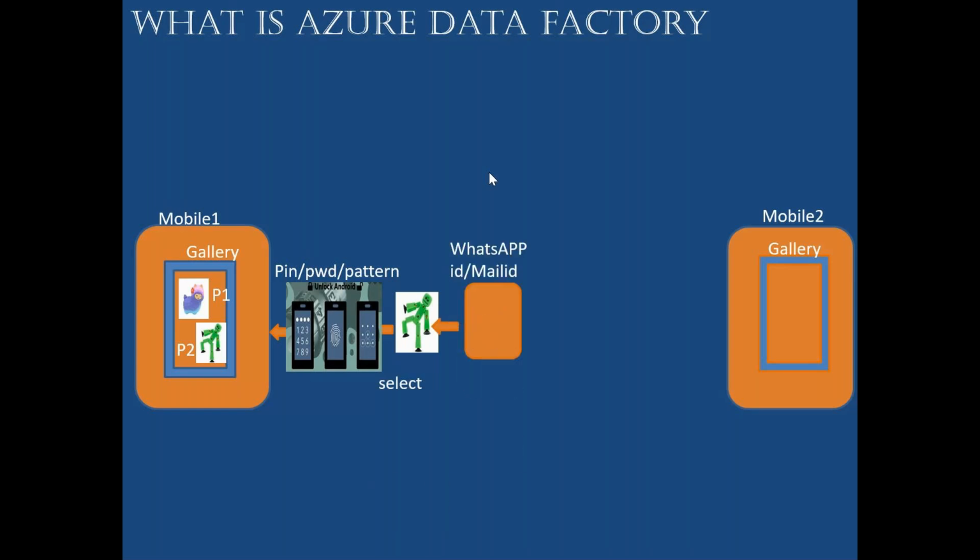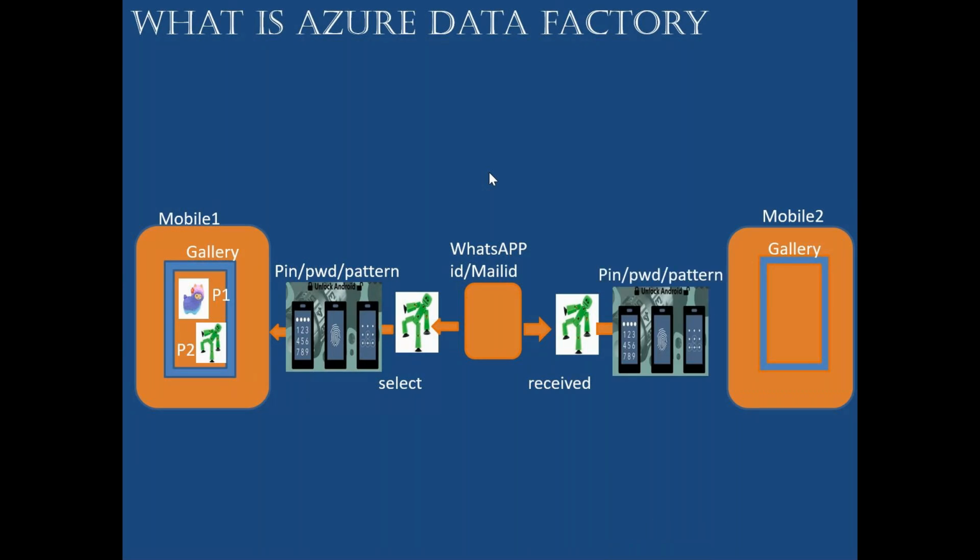Then you take a WhatsApp ID or mail ID of the person to whom you want to send, the delivery address, the target address, and to that particular address you are sending. When you send this, he has to receive it. If he wants to receive it, he should allow it, and he also has to say where these received images should be saved in his mobile. So he has mentioned that these images should be saved in the gallery app in mobile two.